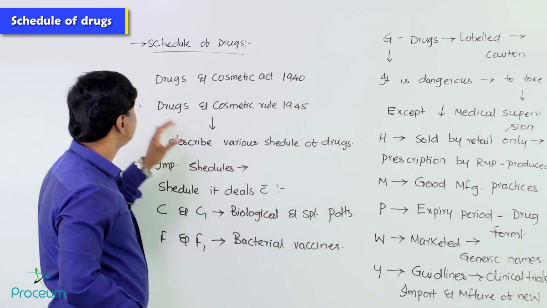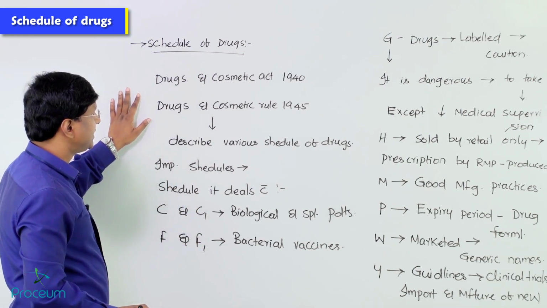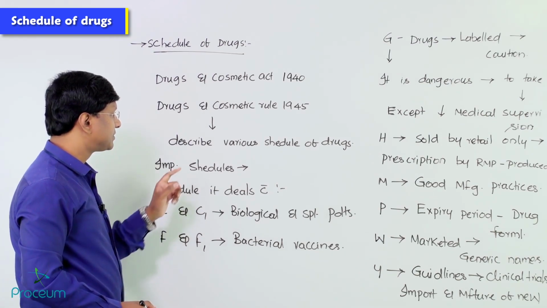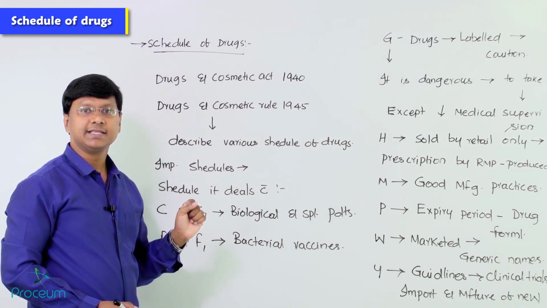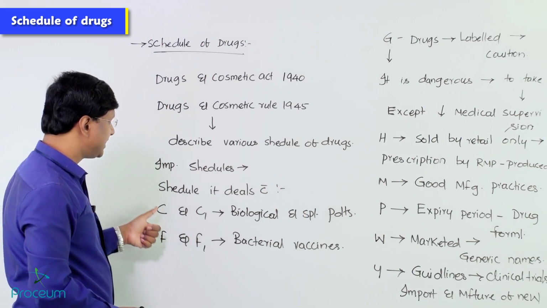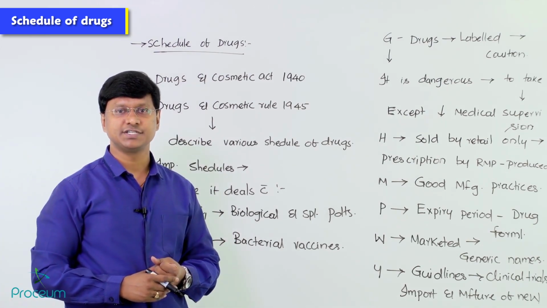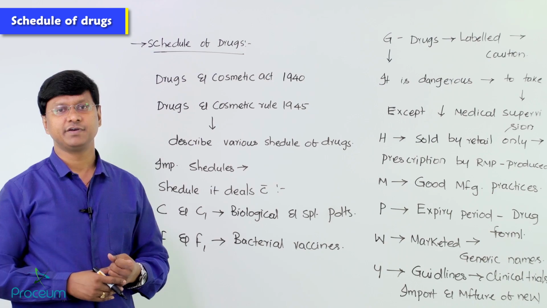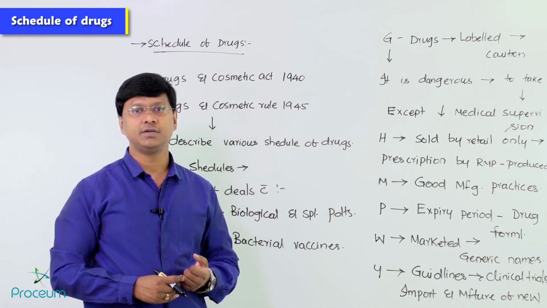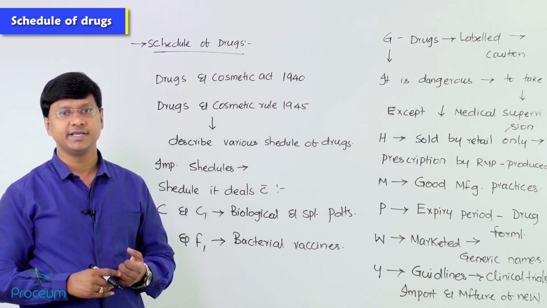So what do you mean by schedule of the drugs? Remember, the Drugs and Cosmetic Act 1940 and Drugs and Cosmetic Rules 1945 have described various schedules of the drugs. C and C1 are biological and special products. F and F1 are bacterial vaccines. Schedule G is for drugs to be labeled with the word caution; it is dangerous to take this preparation except under medical supervision.